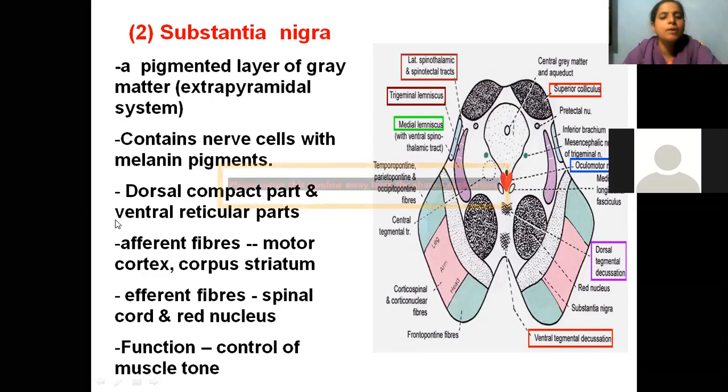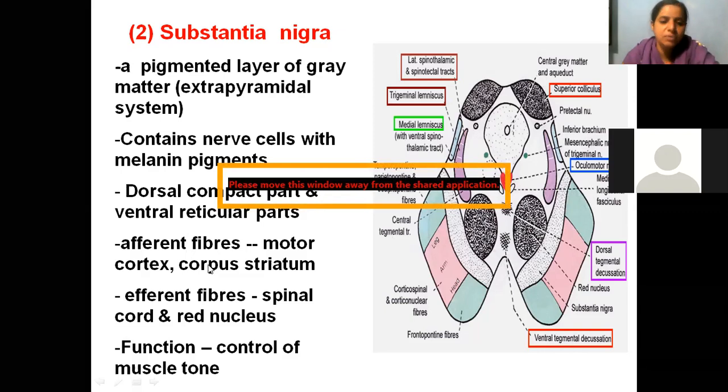Okay, dorsal compact part and ventral reticular part. This upper part is the compact part and the lower part is the reticular part. We should also write a few fibers. What are the afferent fibers coming into substantia nigra? The afferent fibers come from the motor cortex and corpus striatum. Efferent fibers will go to the spinal cord and red nucleus.